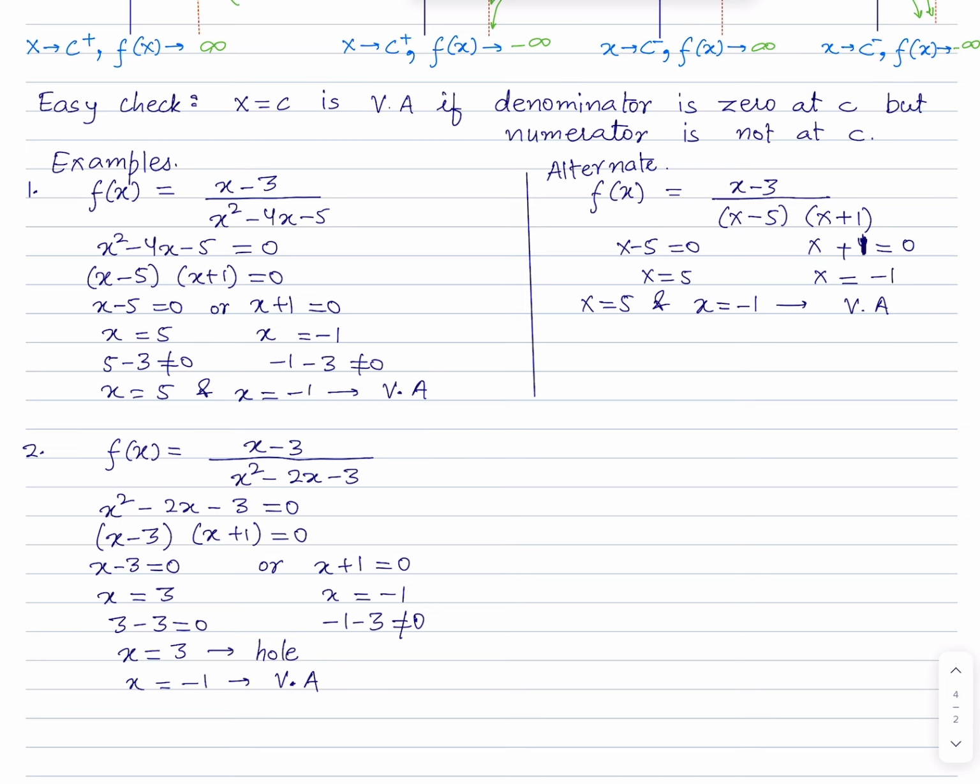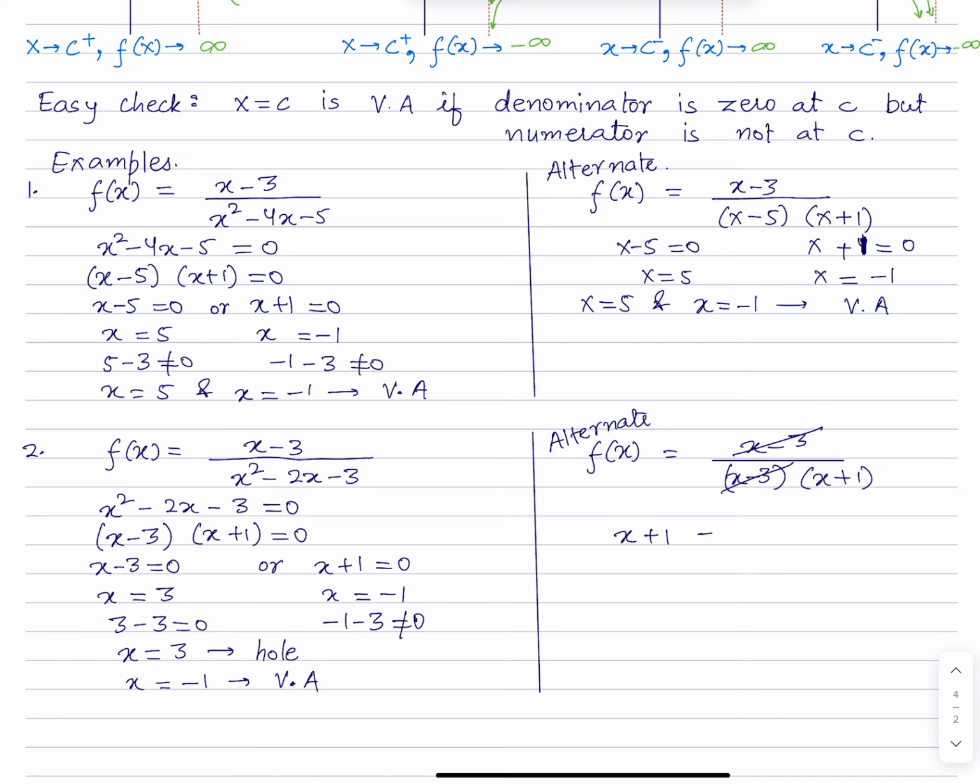So this is one way. You find your denominator equal to 0, you check if the numerator is 0 on that point or not. Or another way, or alternate way, is you factor out your denominator, you cancel out any common terms, and then set your numerator equal to 0.